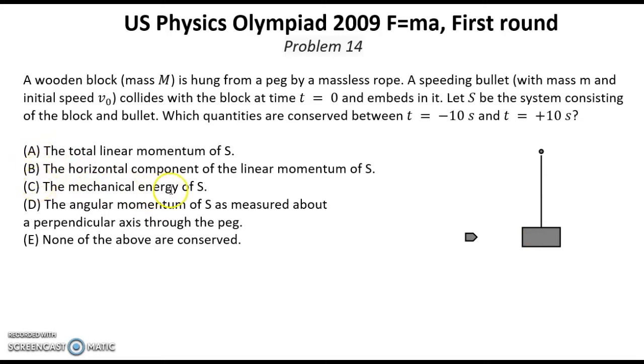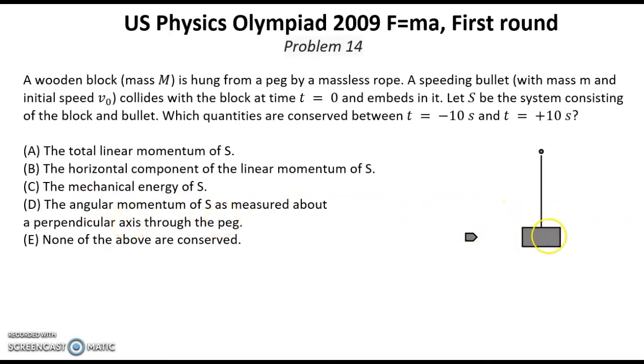C. The mechanical energy. Mechanical energy is not conserved because here we have absolutely inelastic collision and we will lose some energy during this collision. D. The angular momentum of a system as measured about a perpendicular axis through the peg.